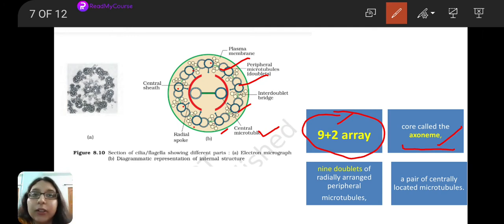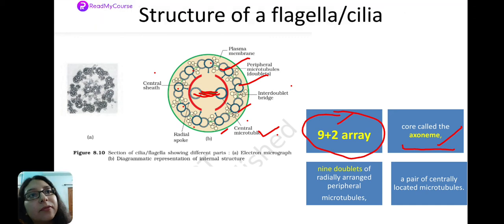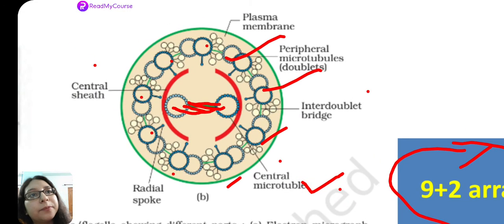Okay, then you will already know that we have a 9+2 arrangement, right? And these central microtubules are again connected by something in between, this interconnecting proteinaceous bridge. It is made up of proteins, yes, and it interconnects the 2 central microtubules. Then we have some radial spokes. I think you can see over here. Just have a look over here.